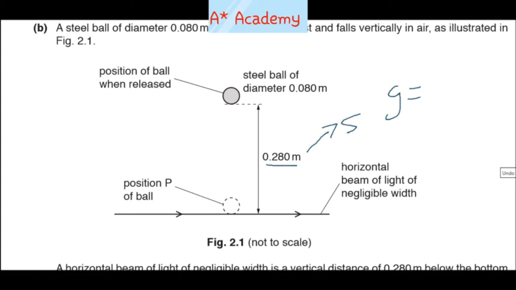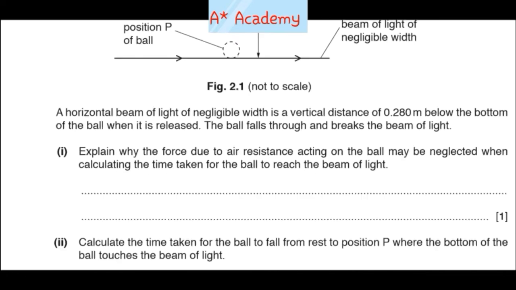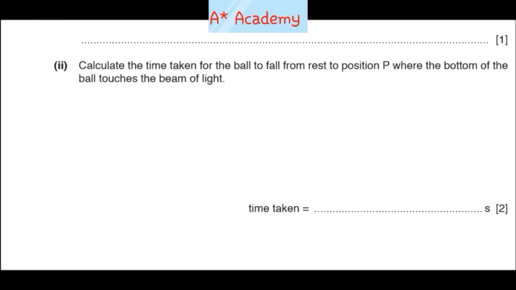How do we calculate the time? We just find the appropriate equation of motion to use. The appropriate equation in this case would be s is equal to ut plus half at squared.